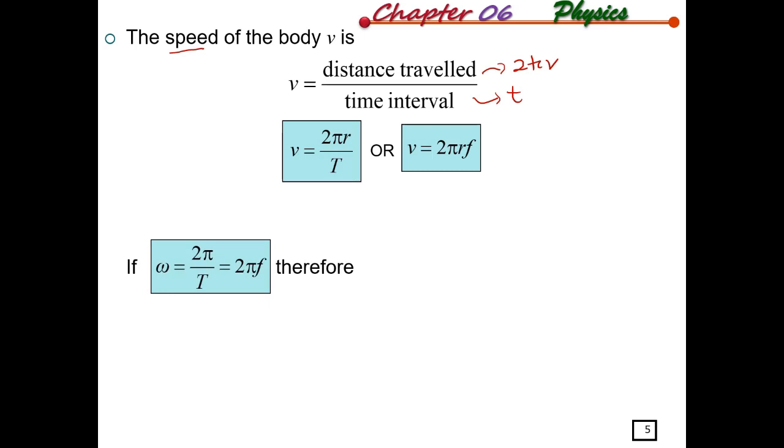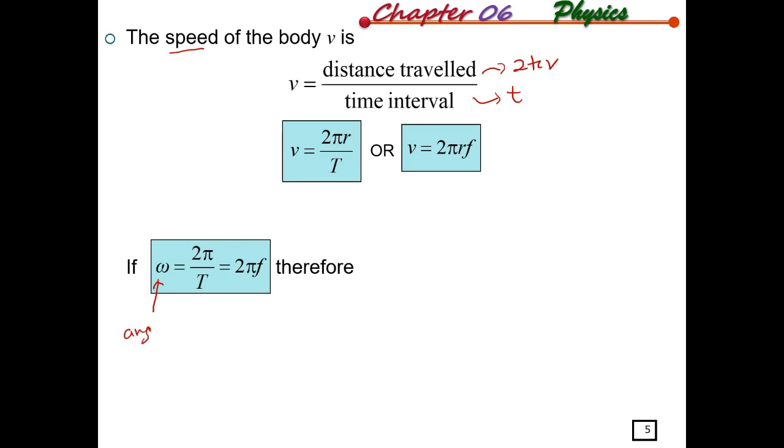When a body moves in circular motion, another parameter that appears is omega, known as angular velocity.